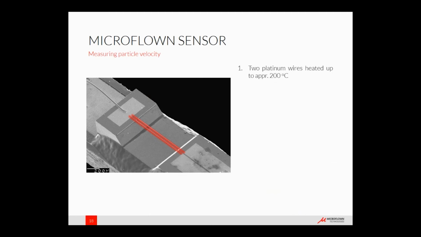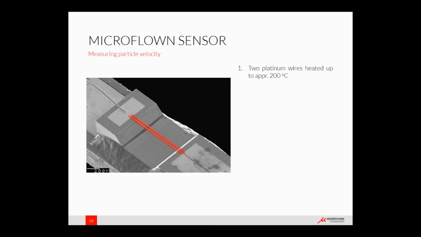These two platinum wires that we use in the MEMS sensor, you can see them here in the picture. They're about 100 to 200 times thinner than a human hair, so it's really small technology. They are heated up by current to approximately 200 degrees Celsius.